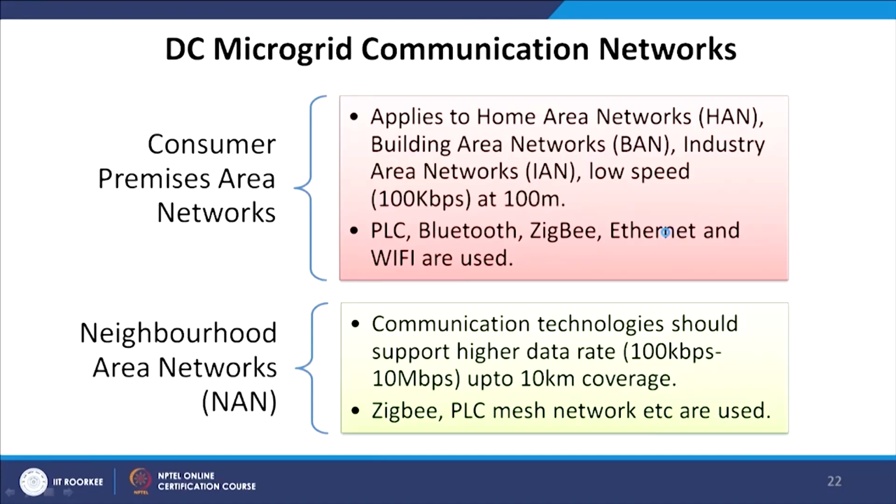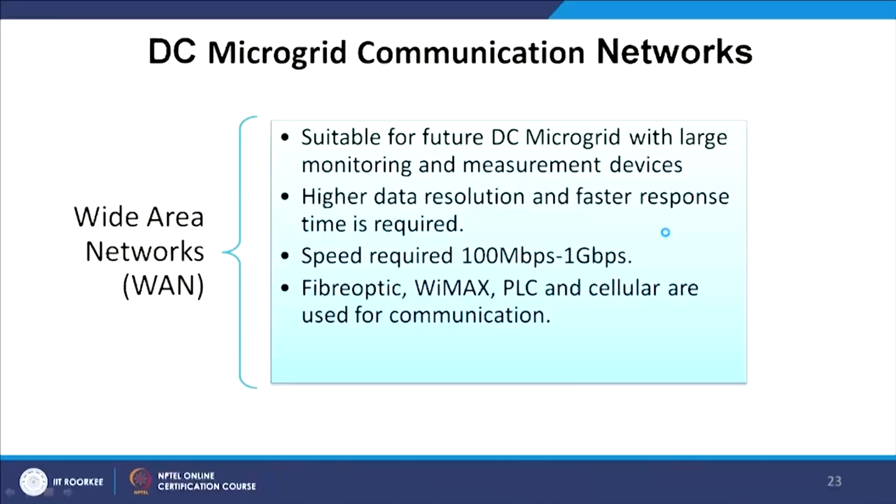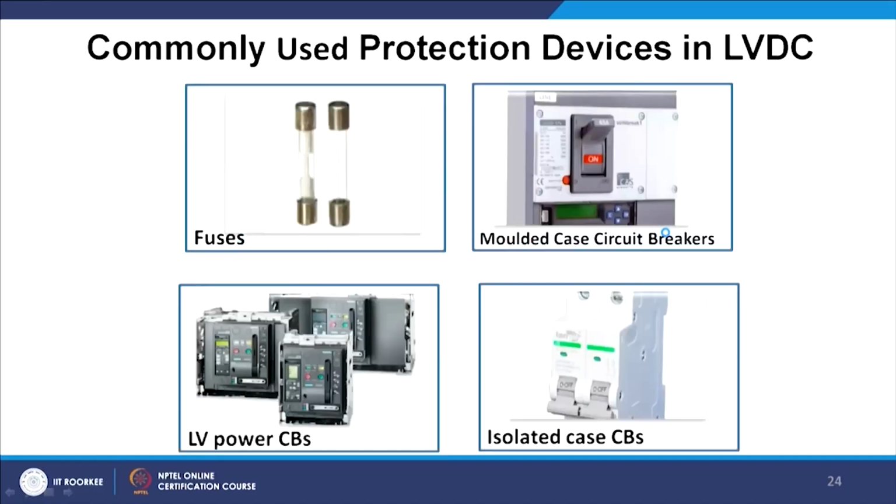Now, very commonly the communication network we have already discussed in detail, but still this is part of your DC microgrid modeling. So, we use consumer premises area networks as well as neighborhood area network communication in DC microgrid applications, and we also use wide area networks for DC microgrid applications.